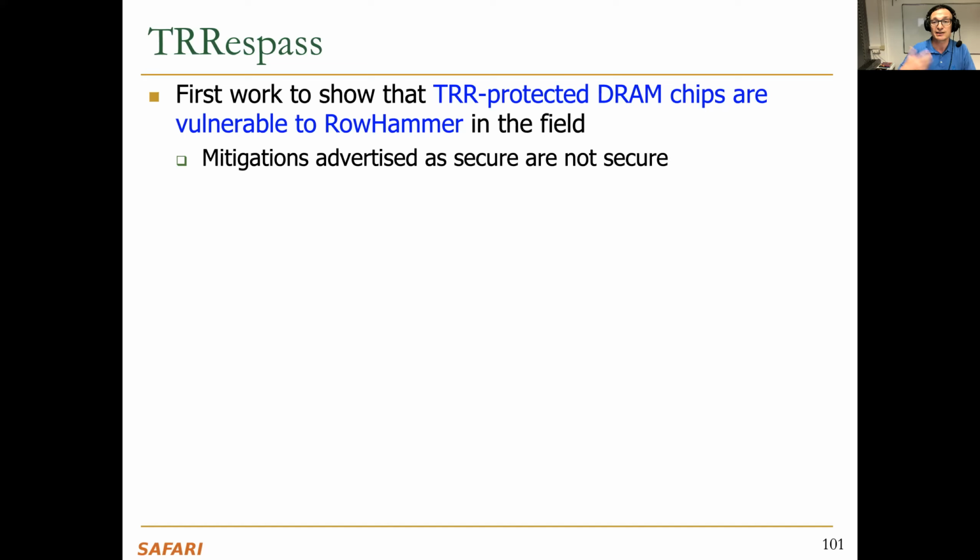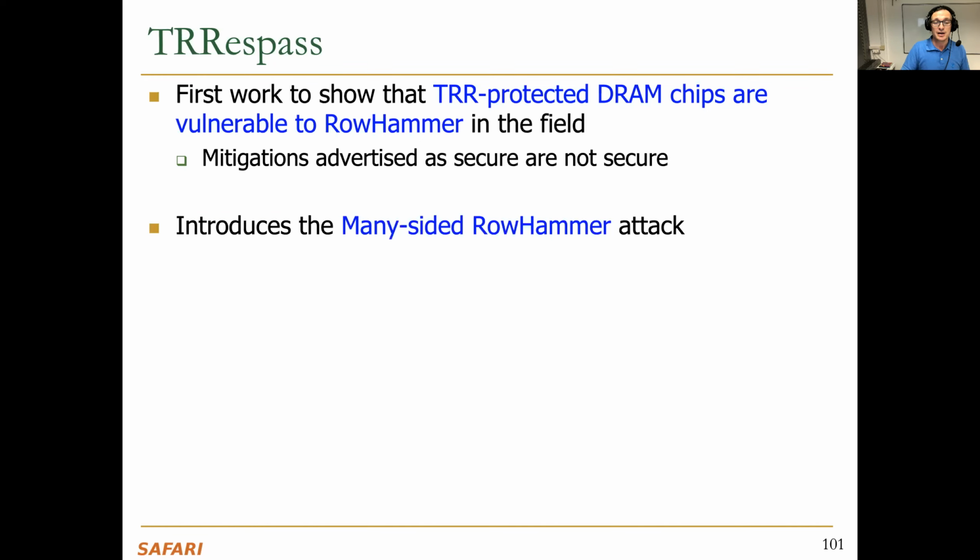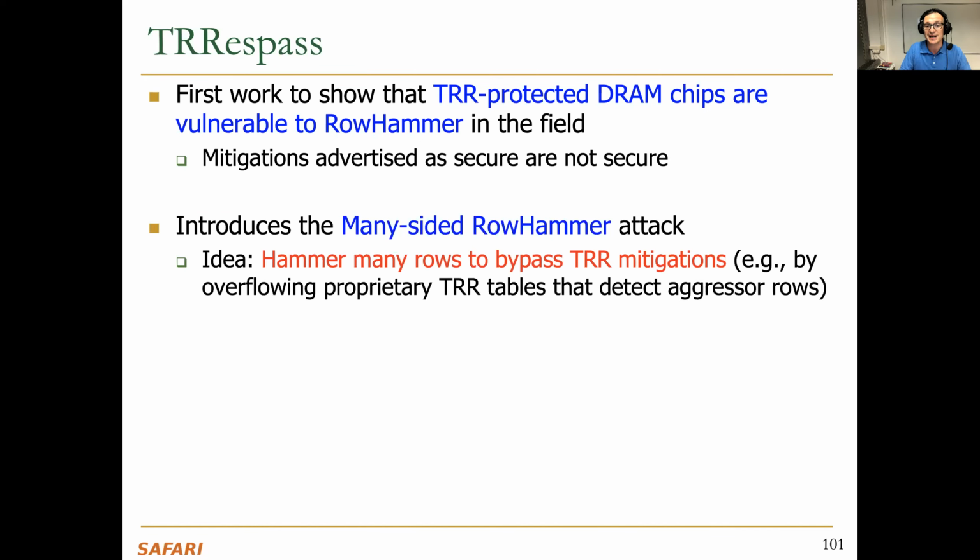We show that TRR-protected DRAM chips, where TRR means target row refresh, the generic name for these RowHammer solutions employed by the DRAM manufacturers, are not secure. We don't know how they work. It's not specified anywhere, but it's advertised as secure. But we showed that they're not secure. We introduced the many-sided RowHammer attack here.